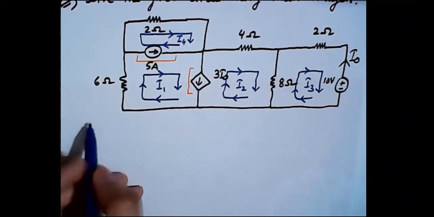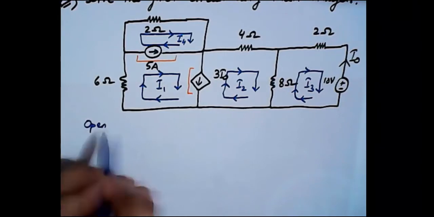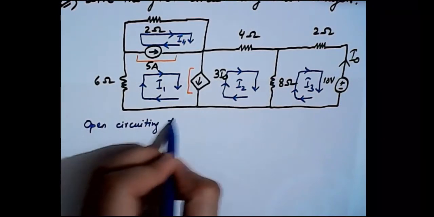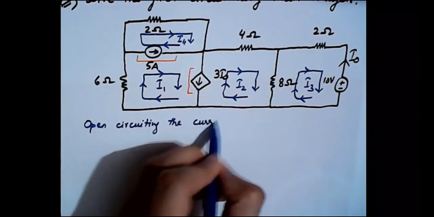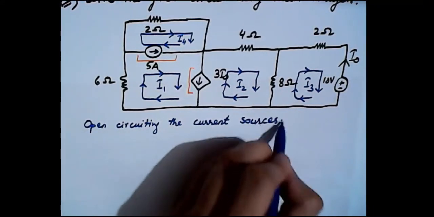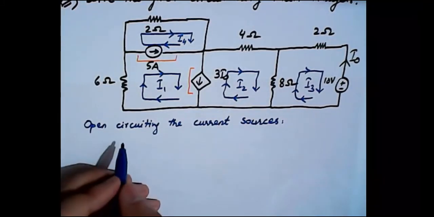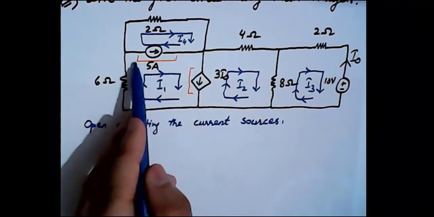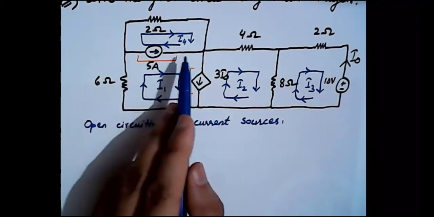So that's right, open circuiting the current sources, right? So redrawing the circuit, this path will be eliminated. Why?